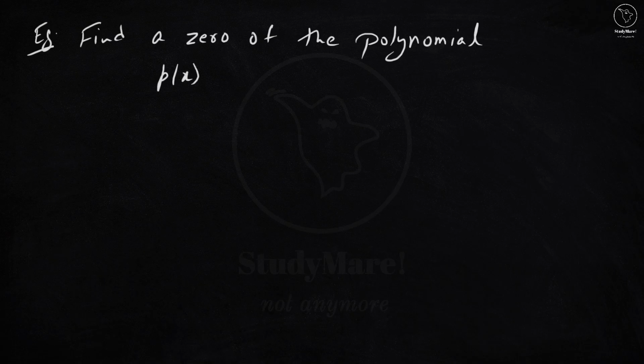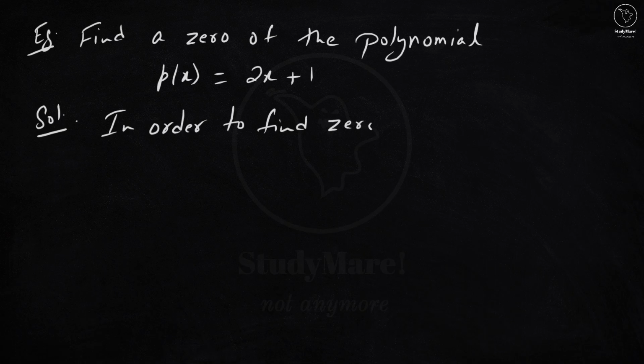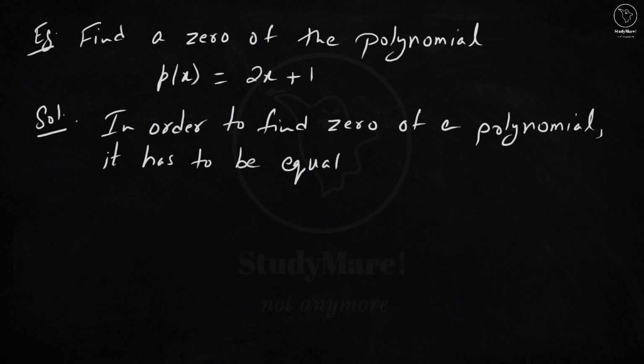Our next example says, find a 0 of the polynomial p(x) is equal to 2x plus 1. In order to find 0 of a polynomial, it has to be equated to 0. Therefore, p(x) should be equal to 0.